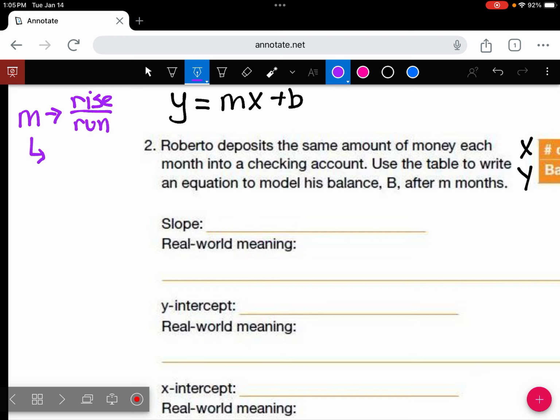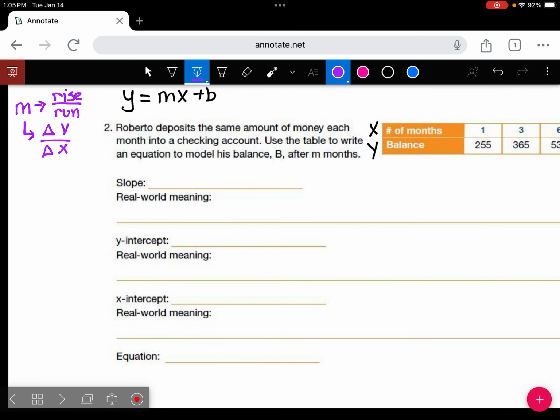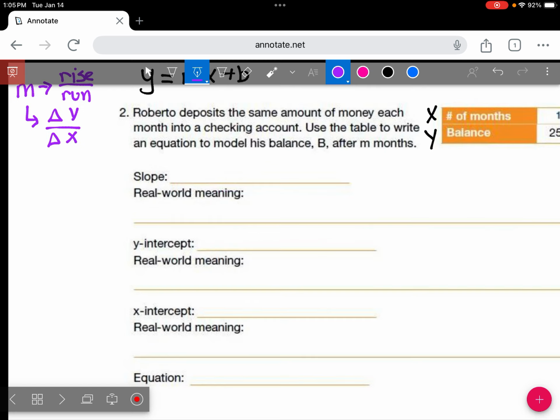The other way we write this is the change in our y's and the change in our x's. The triangle means change. If you ever did physics class, you'll see that. It's a delta, technically. It's a Greek thing. But all it means is the change in our y's and the change in our x's.